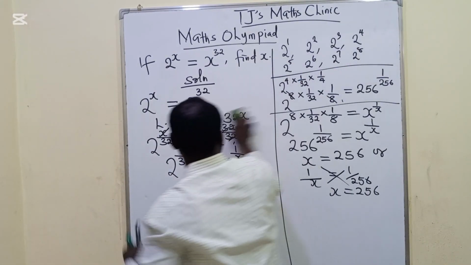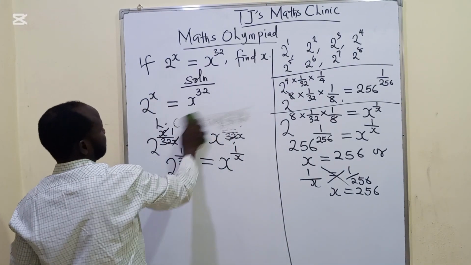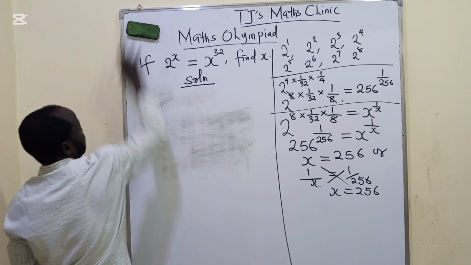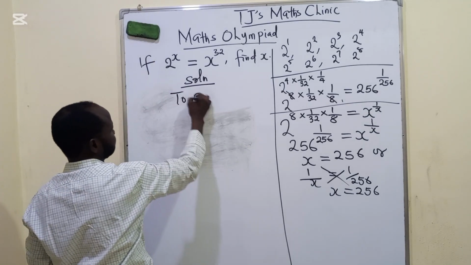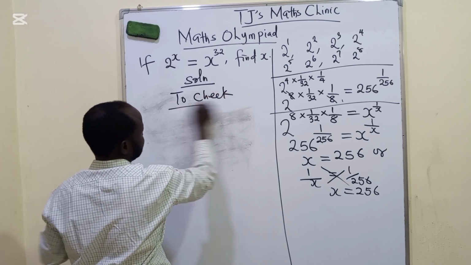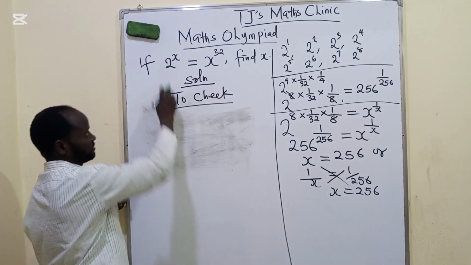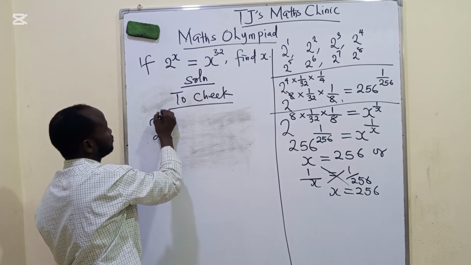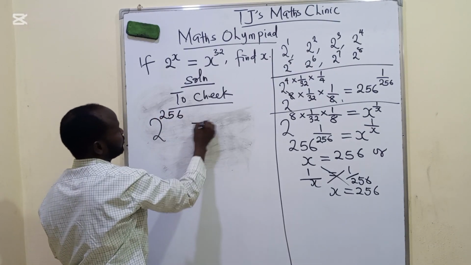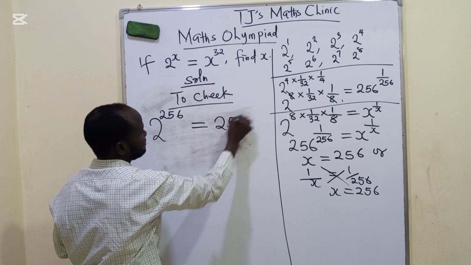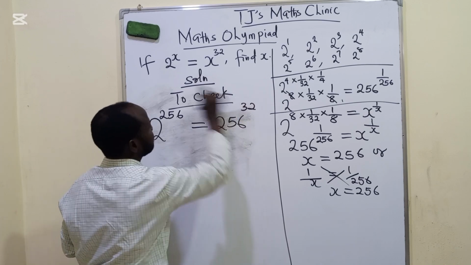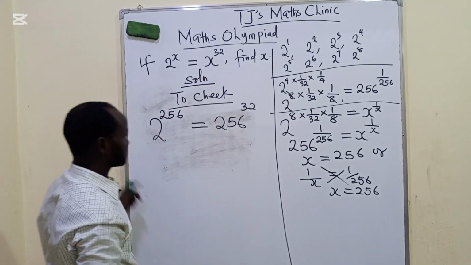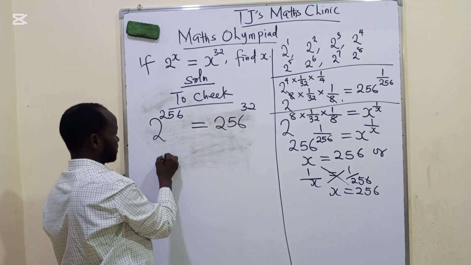And we can check. Let's clean here and see how we can check. To check whether it is true, let's plug back the value of x into the original equation. This will now be 2^256 equals 256^32. It means anywhere we see x here, we plug in 256.